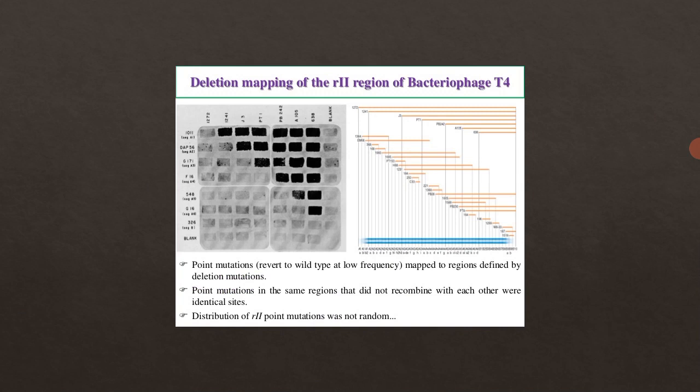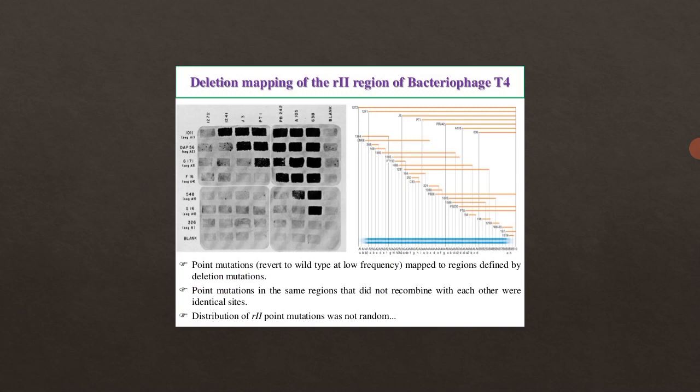The point mutations, due to which our mutant reverts to its wild type, got mapped to the regions that are defined by deletion mutants. That means the sequence that got deleted has come back, we can say, due to the point mutations.